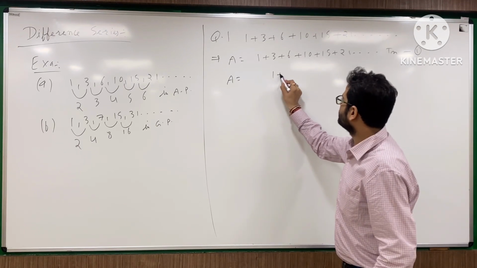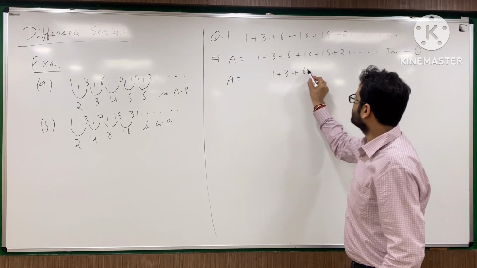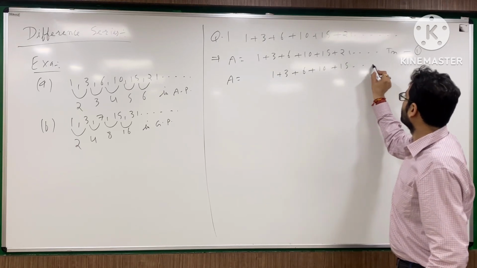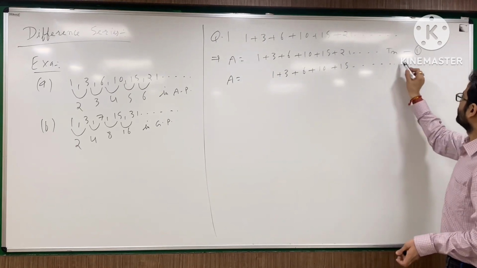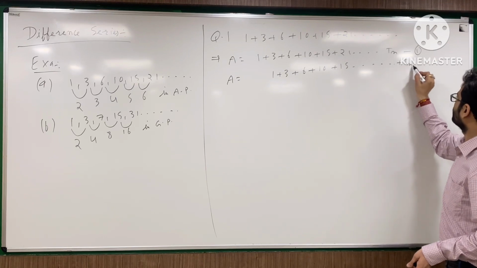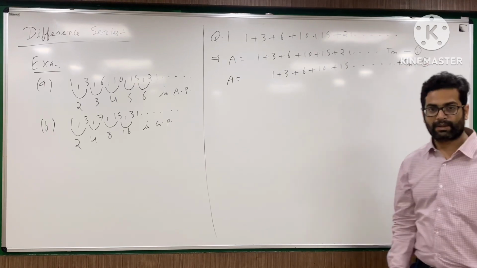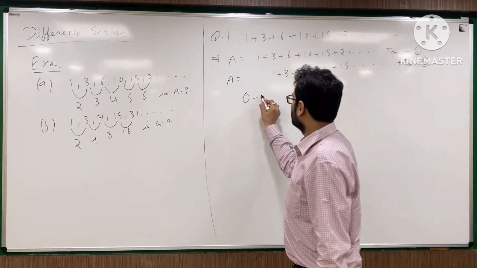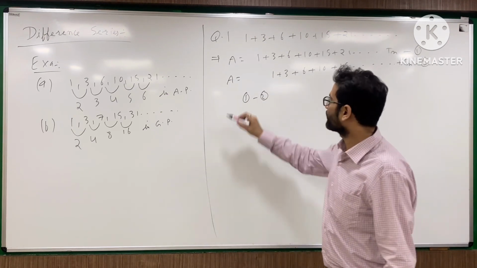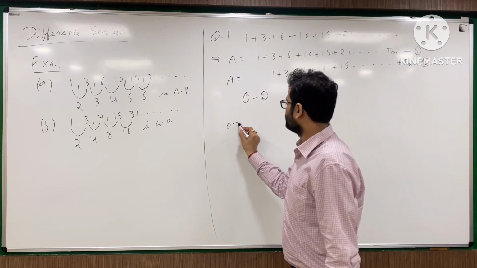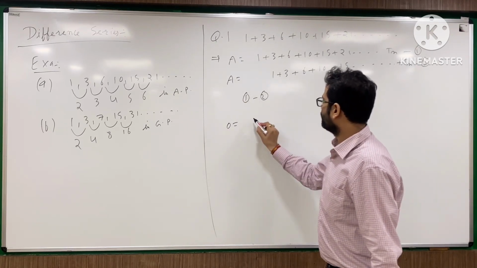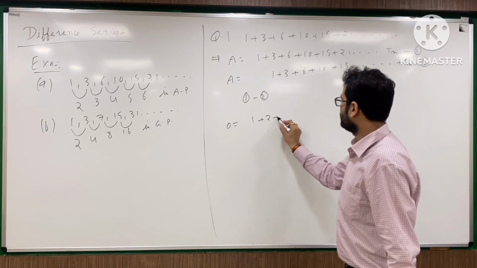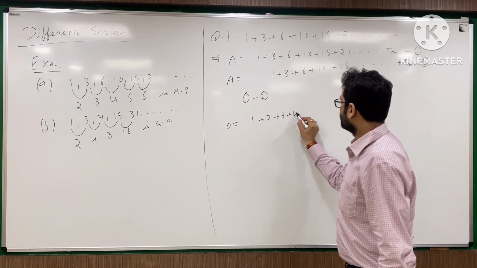So 1 plus 3 plus 6 plus 10 plus 15. So the terms shift by one term. Then we subtract equation 1 and equation 2. Then we find 0 equal to 1, here 2, here 3, and so on.